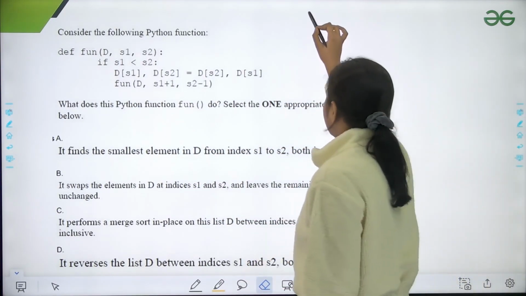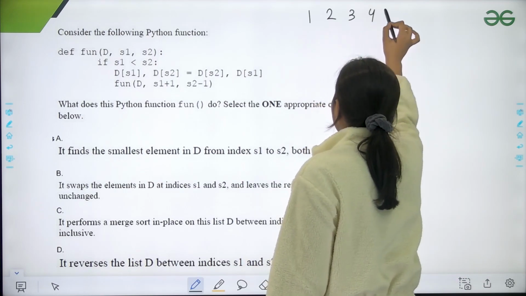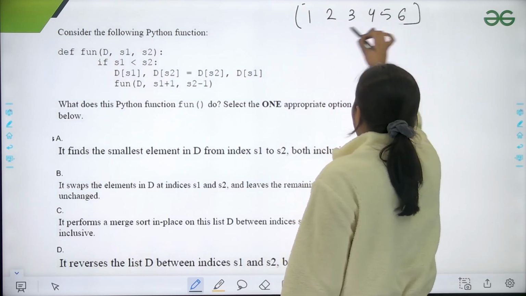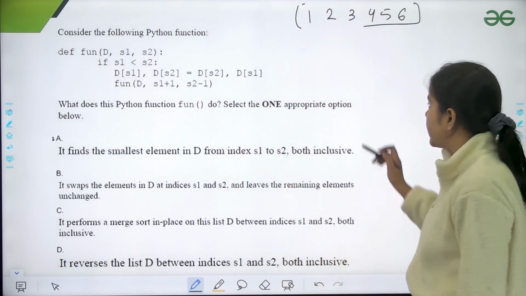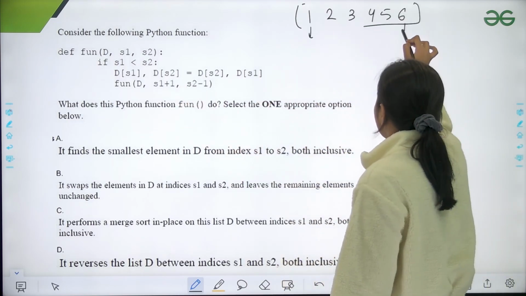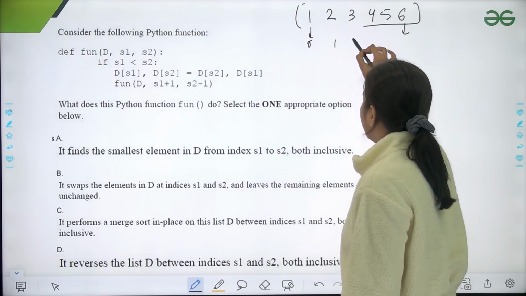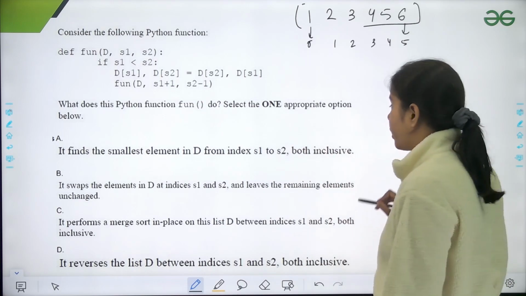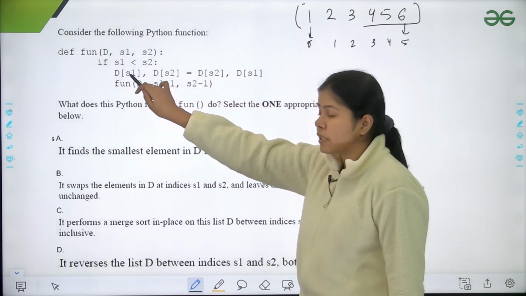Let's suppose we have this array 1, 2, 3, 4, 5, 6. Let's take the indices 0, 1, 2, 3, 4, 5.